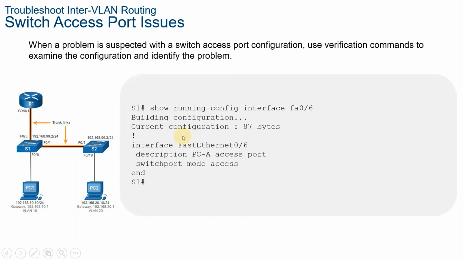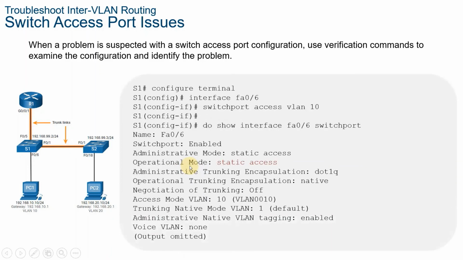Okay, now let us go back to the configuration file. So that is show run interface FA06. Okay, it says here switchport mode access. You've got FA06 here that is connected to PC1 and it is set to switchport mode access.